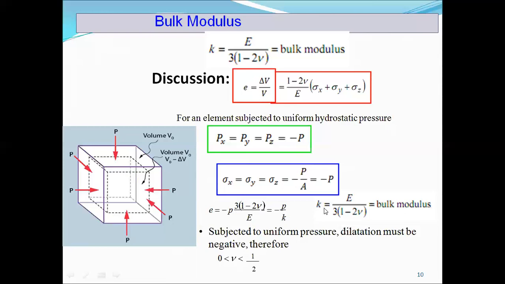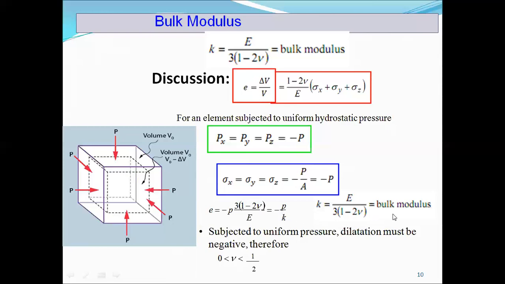So K is equal to E by 3 times 1 minus 2 mu. That is the bulk modulus.